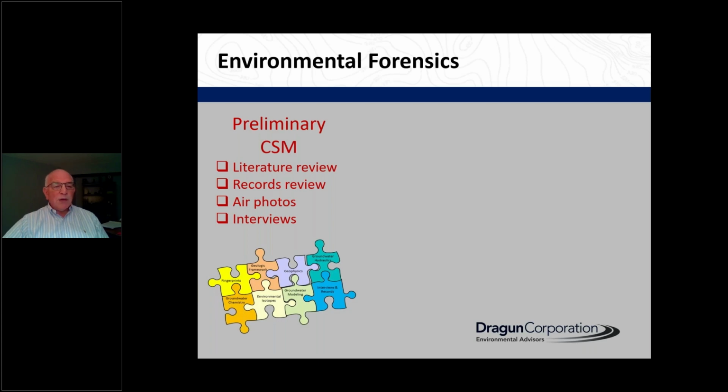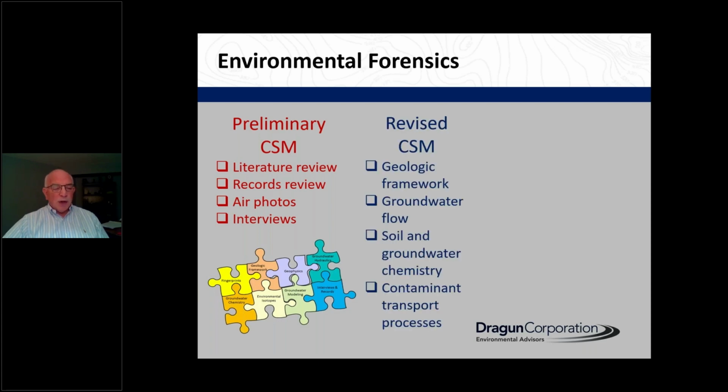But you would want to go further in a forensics case: you'd want geologic framework, groundwater flow conditions, soil and groundwater chemistry distributions, and contaminant transport processes. That's kind of like a phase 2, maybe an advanced phase 2. But we like to take it to the next step.